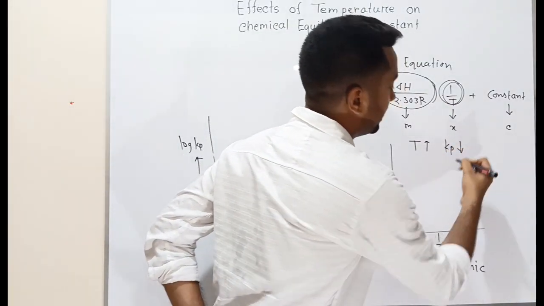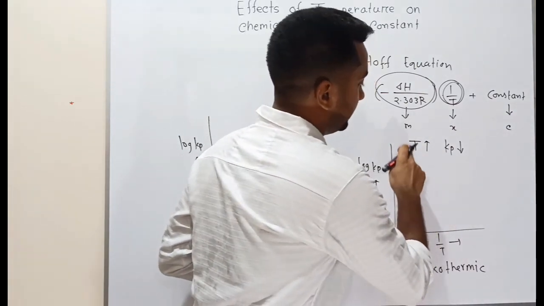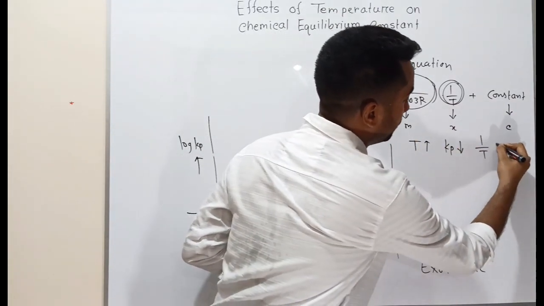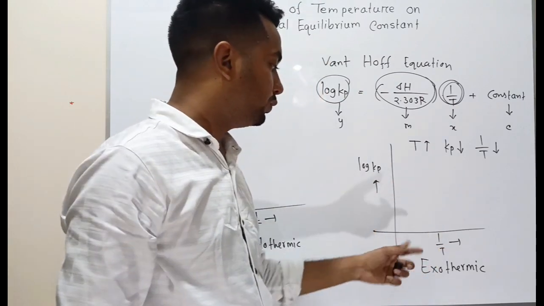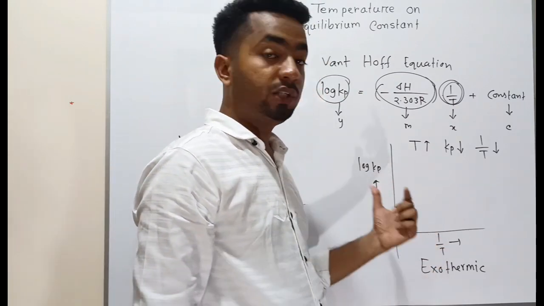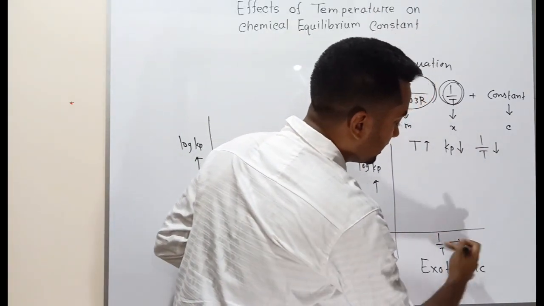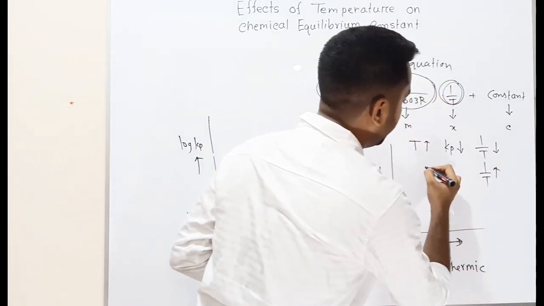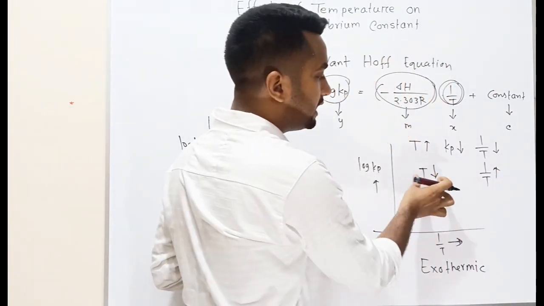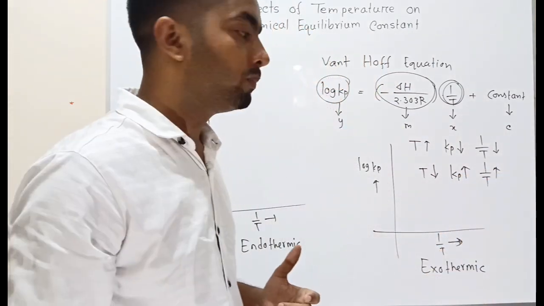If we increase T, that means 1 by T decreases. But in this graph, we plotted 1 by T on the x-axis. So if 1 by T increases, T decreases, and if T decreases, Kp will definitely increase.